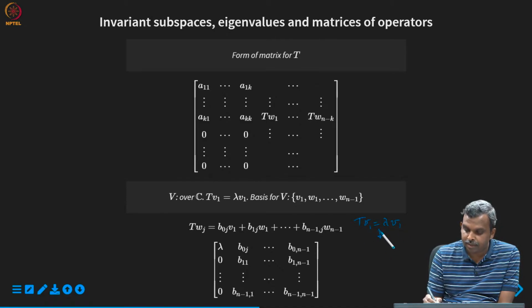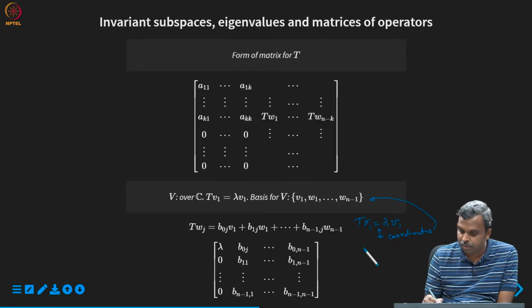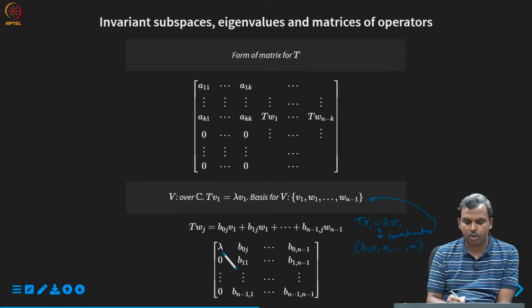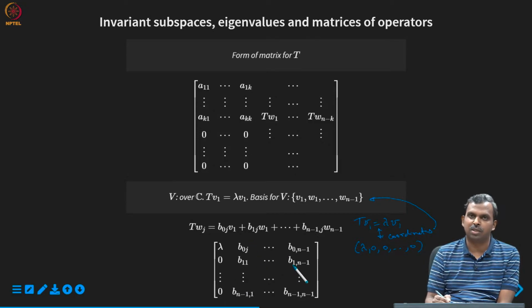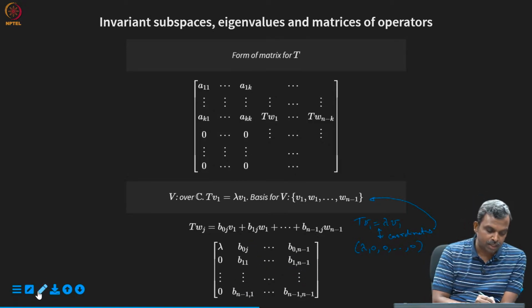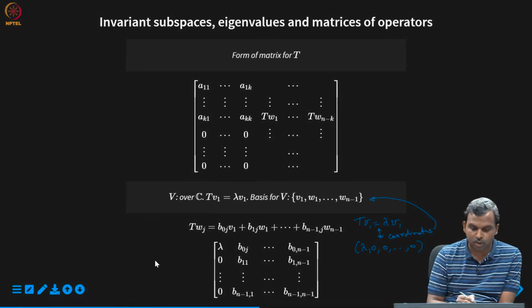So the coordinates in this basis will simply be lambda, 0, 0, and so on. You have lambda followed by a bunch of zeros, but here I will have lots of non-zeros, so nothing one can do about it.